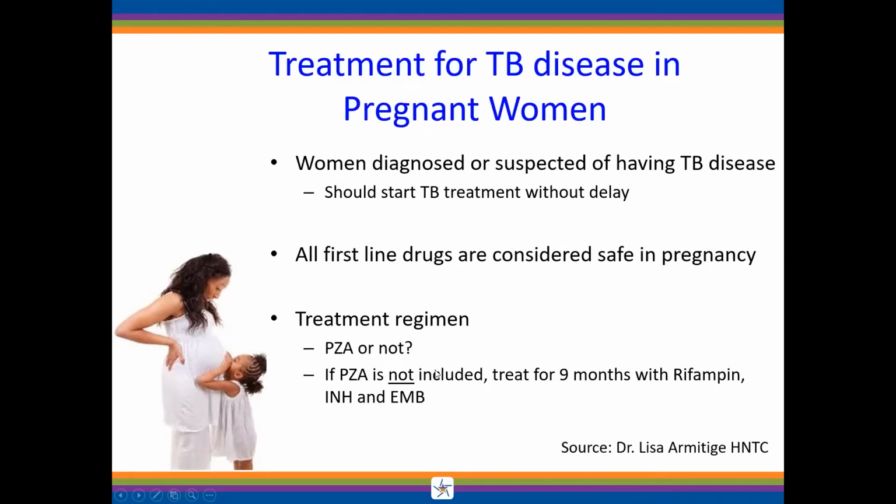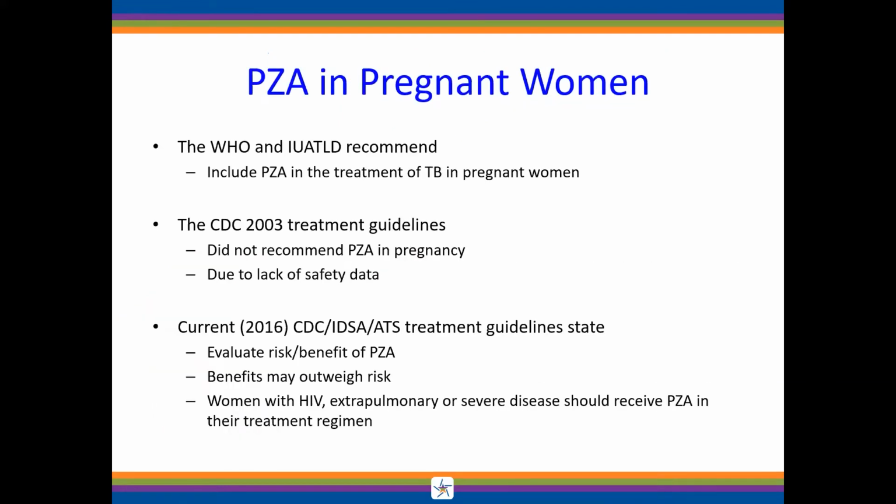There has been some controversy in the past about PZA, and if it's not included in the regimen, 9 months of therapy, including rifampin, INH, and ethambutol, is recommended. What about PZA in pregnancy? Both the WHO and International Union Against Tuberculosis and Lung Disease recommend including PZA in the treatment of pregnant women.